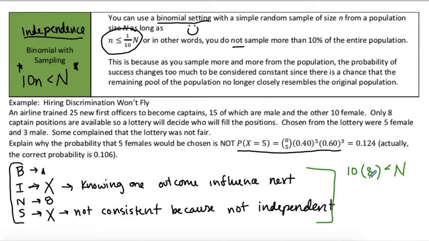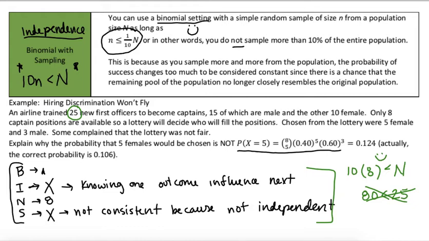In this case, 80 is not less than our entire population of 25. This fails. So when our binomial setting failed, this is kind of our get out of jail free card. If it fails, this is not a binomial setting. We can't actually find this calculation.